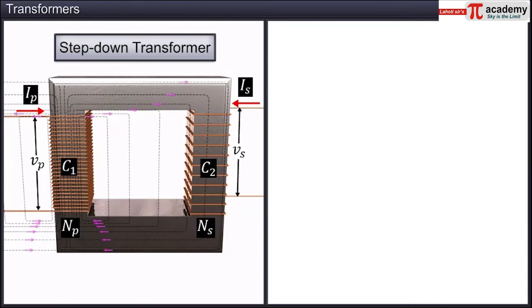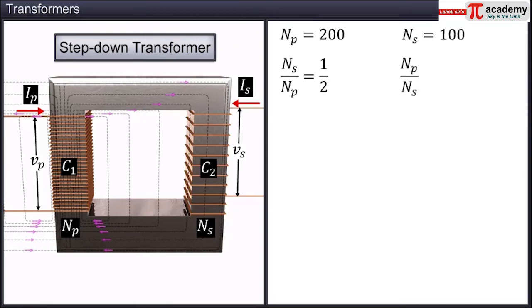For example, if the primary coil of a transformer has 200 turns and the secondary has 100 turns, Ns by Np is equal to half and Np by Ns is equal to 2.